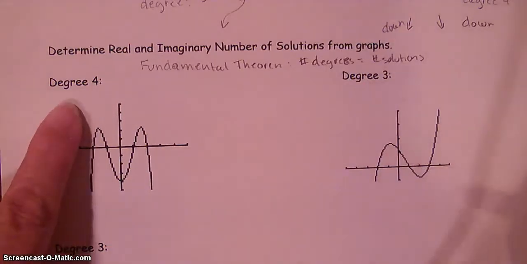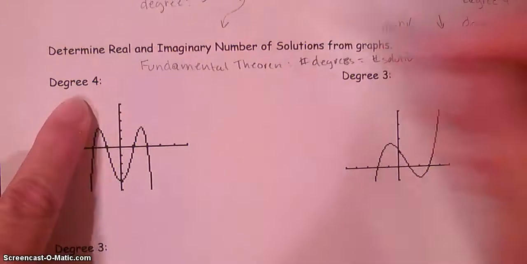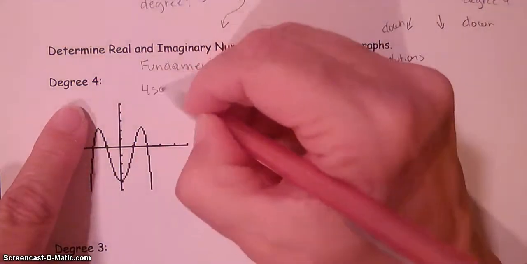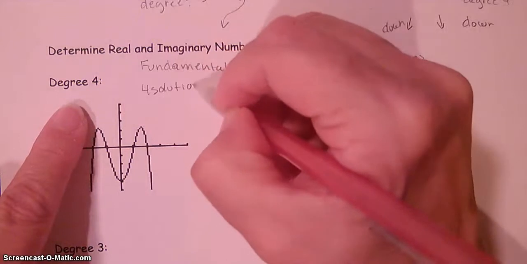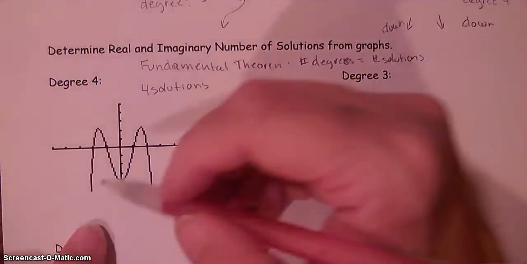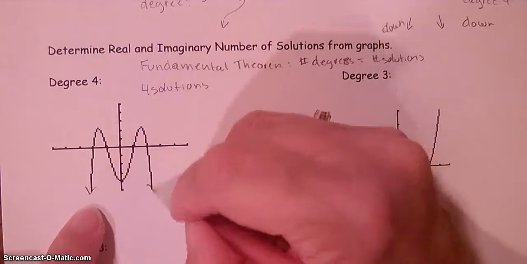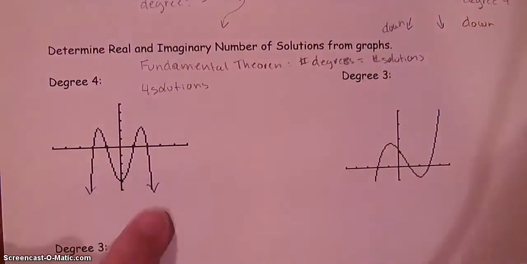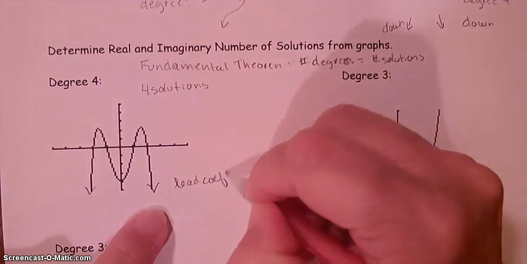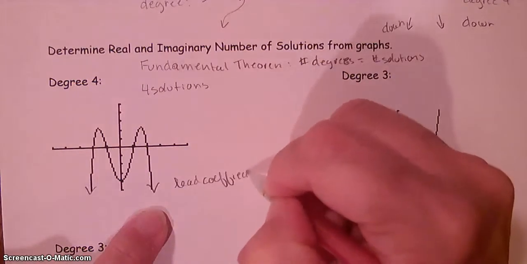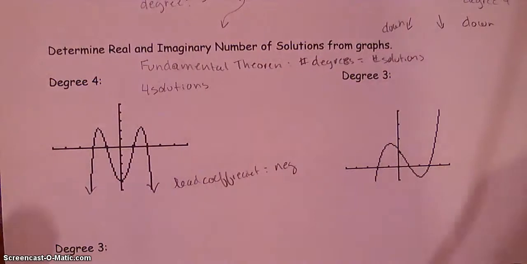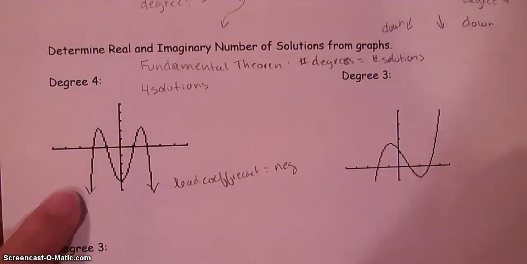So now here I have a degree of 4. Based on the fundamental theorem, I need 4 solutions. Let's look at the graph here. This is a 4th degree polynomial. My end behaviors are down and down, so that tells me my lead coefficient is going to be negative, because I'm going down on both ends. Let's see how many solutions I have.